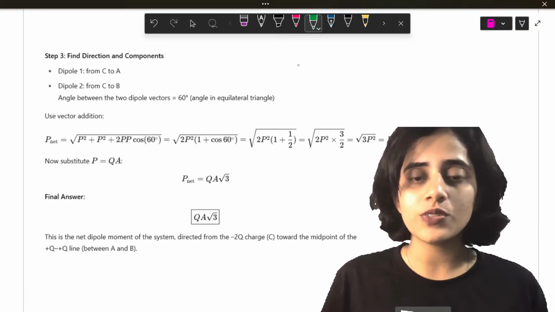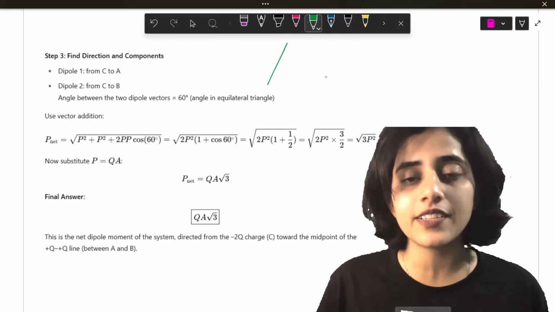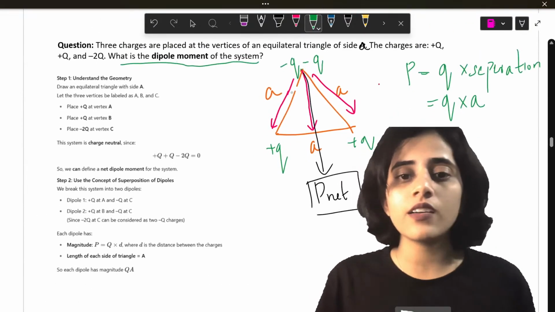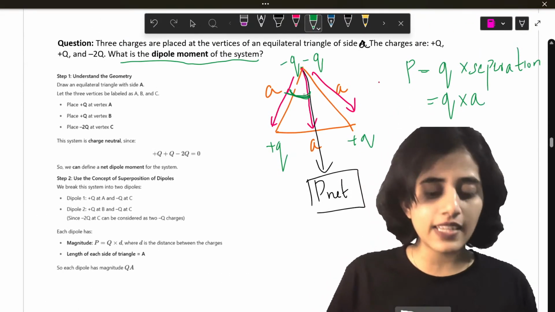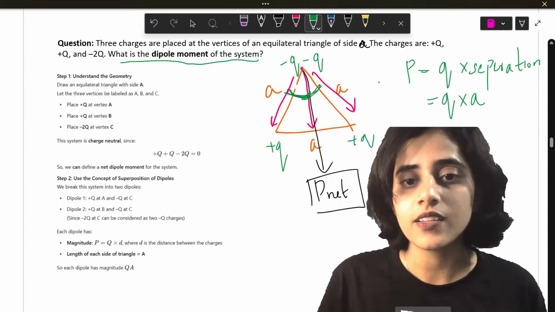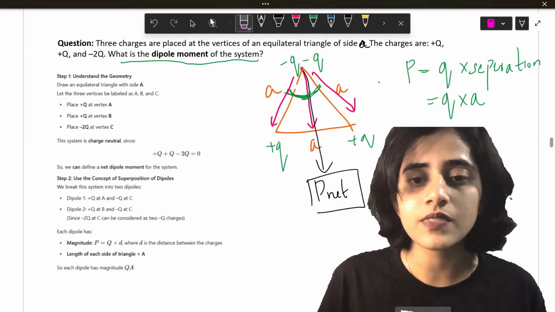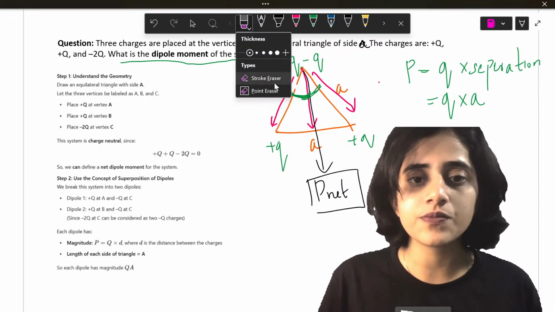As I said, this is an equilateral triangle. What would this angle be?